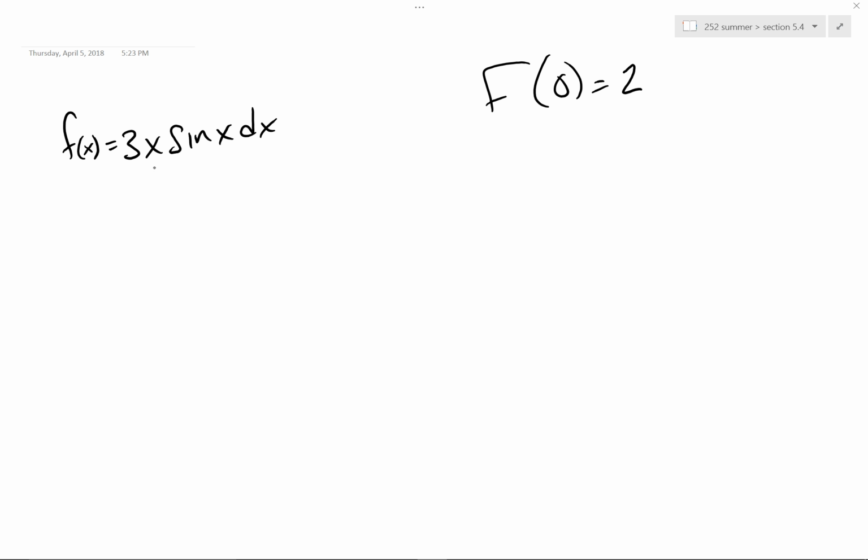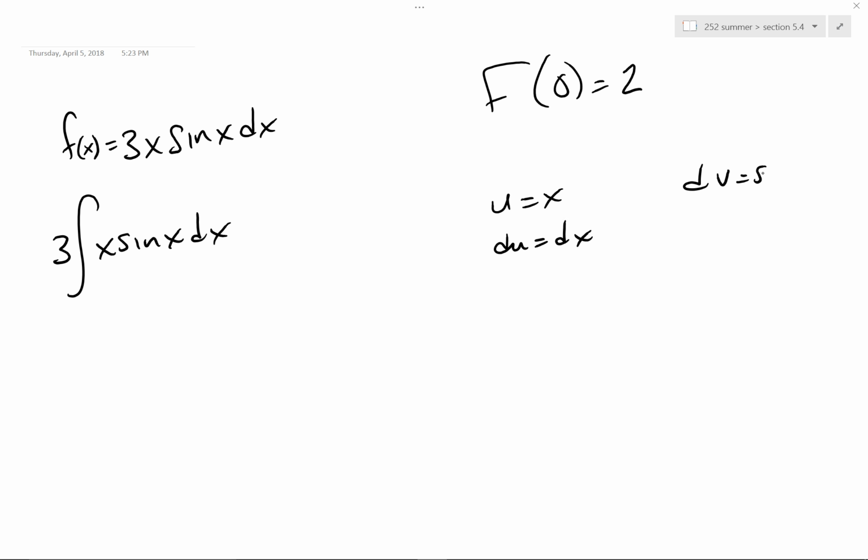So, first things first, I need to integrate that thing, right? Pull the 3 out. Do you remember how to do this one? Remember, it's integration by parts. Cosine goes to minus sine, so sine came from negative cosine. Correct.